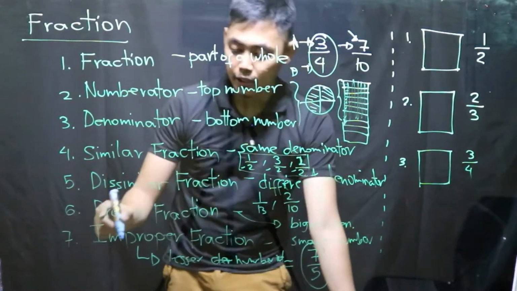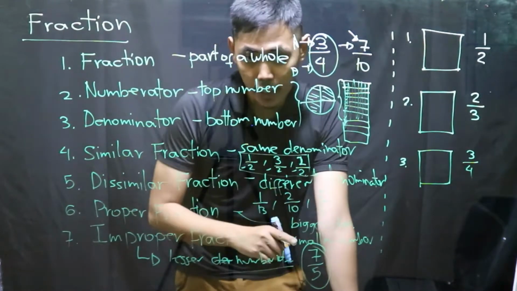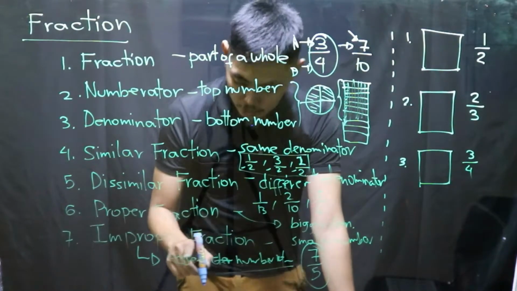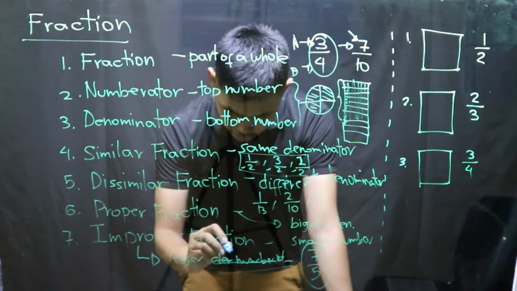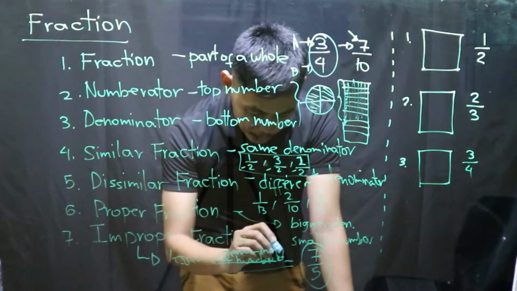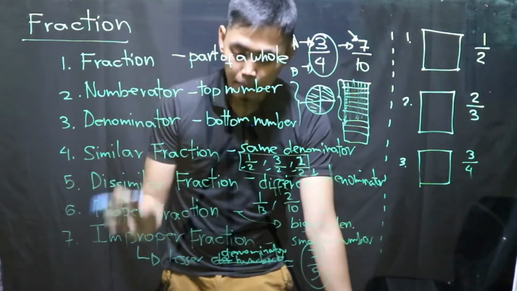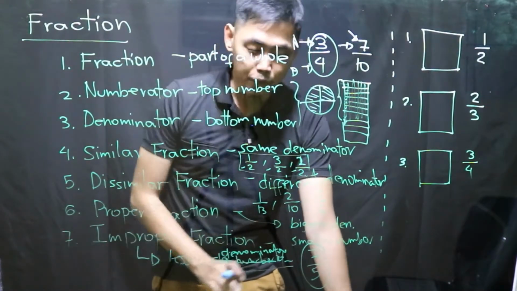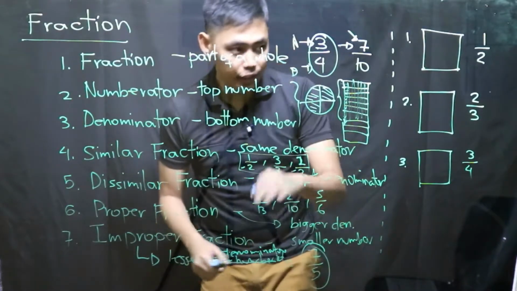This is an improper fraction because it has a greater numerator and a lesser denominator. So to remember: proper fraction, gamay ang ibabaw, dako ang ubos. Improper fraction, dako ang ibabaw, gamay ang ubos. Alright, so those are the terms.